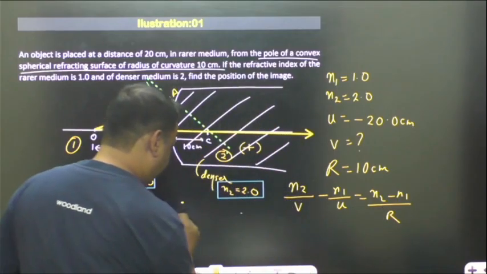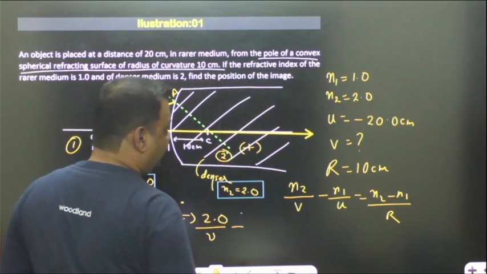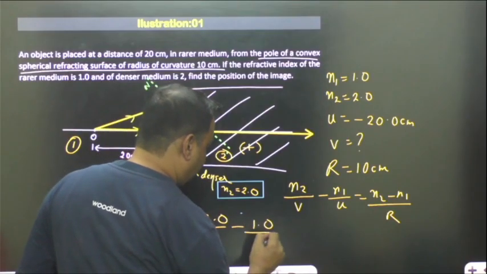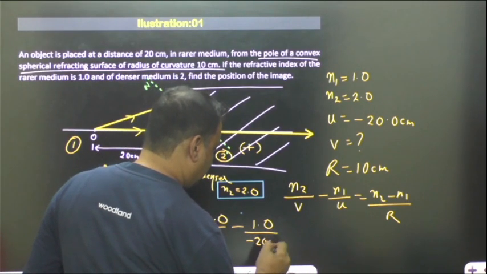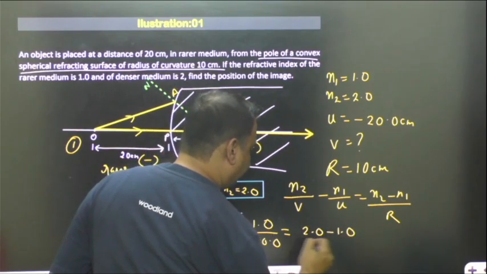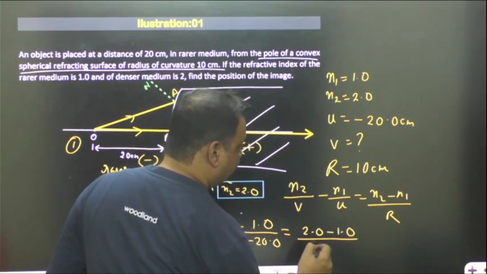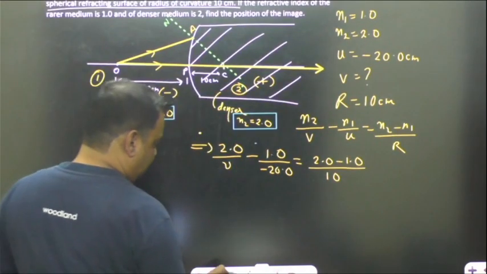So I will have N2 by V minus N1 by U, and U is minus 20, is equal to N2 minus N1, 2 minus 1, divided by the radius of curvature, that is 10, and all the measurements are in centimeter.